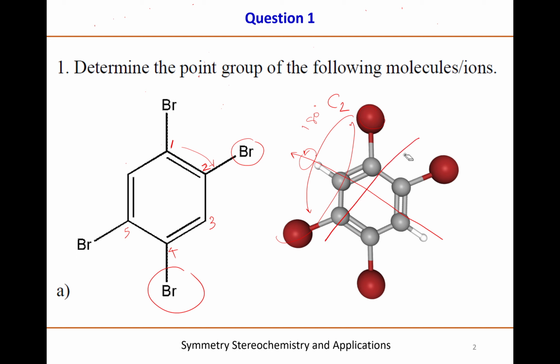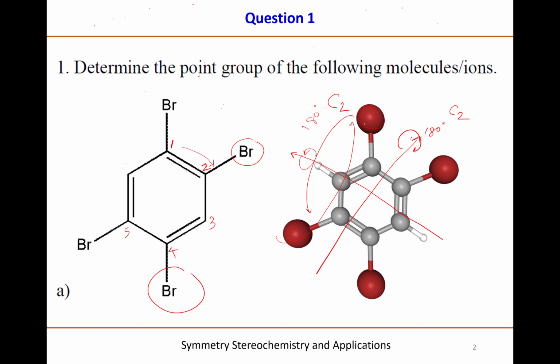Yes. We can pass the axis here in between this one. And if we rotate by 180, again we get an indistinguishable structure, which is again a C2 axis.